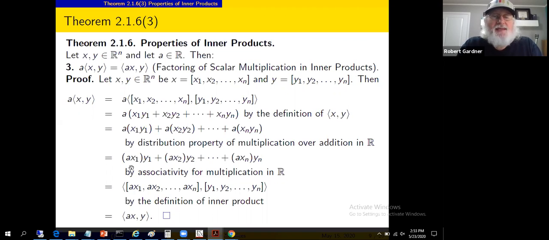Let's associate the a's with the x's, and let's recognize this particular sum as itself an inner product of the vector with components ax1, ax2, through ax sub n, with the vector with components y1, y2, through y sub n.